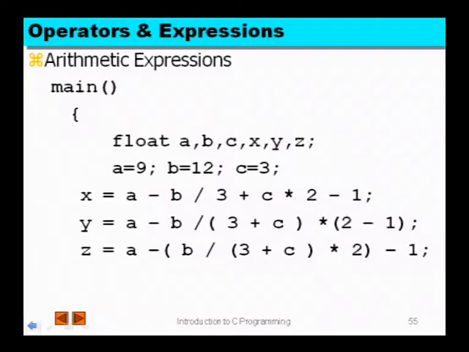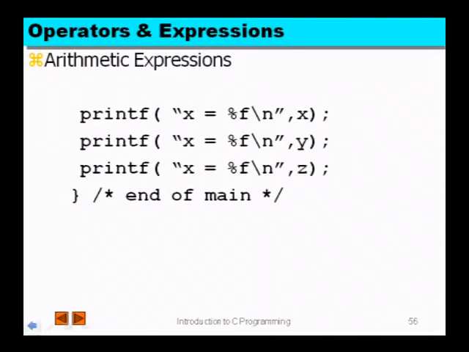So, 3 plus 3 becomes 6, then b divided by that is there. b value is 12, 12 divided by 6 becomes 2, 2 multiplied by 2 becomes 4. The value of a is 9, 9 minus 4 is 5, 5 minus 1 is 4. So value of z should be 4.